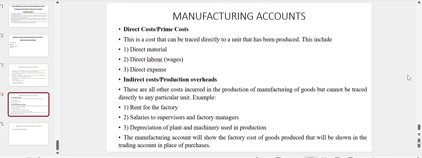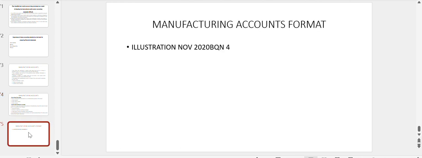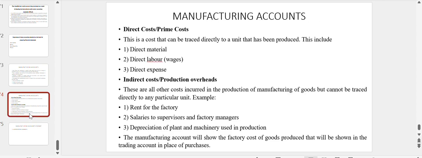These are not incurred in the manufacturing department, but in the other departments. So we have the administrative cost, we have the selling and distribution cost, and we have the finance cost. Are you together? So that is all about manufacturing accounts.